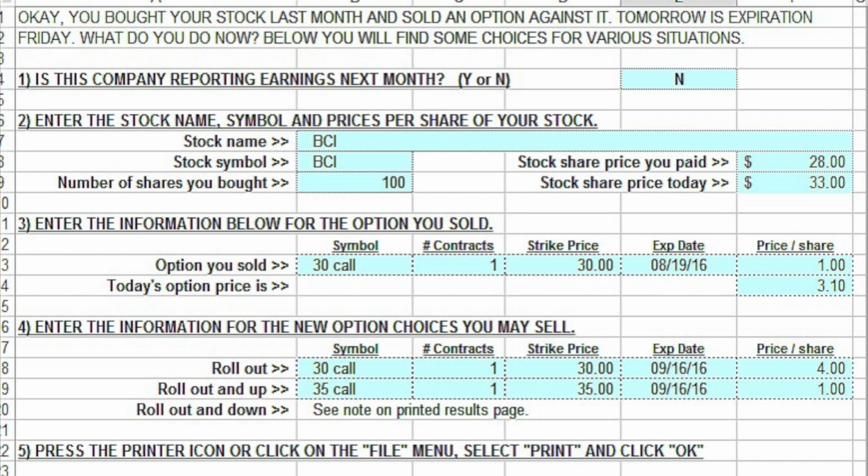No intrinsic value component. It's all time value. So those are the statistics that we feed into the blue cells on the left side of the spreadsheet. Remember, we're at the What Now tab of the Ellman Calculator. So let's have a look now at some of the results after we feed this in.